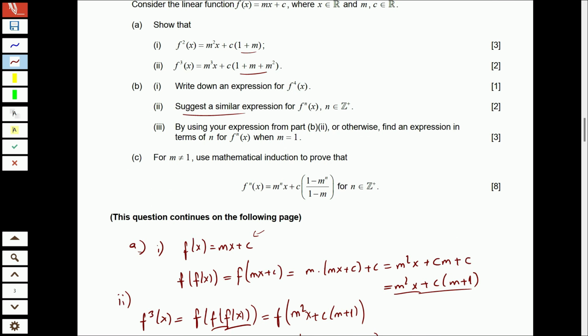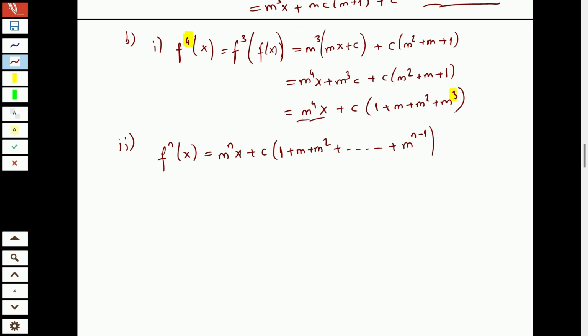The last question of part B is, by using your expression from part B2 or otherwise, find an expression in terms of n for the n-th composition of f when m = 1.